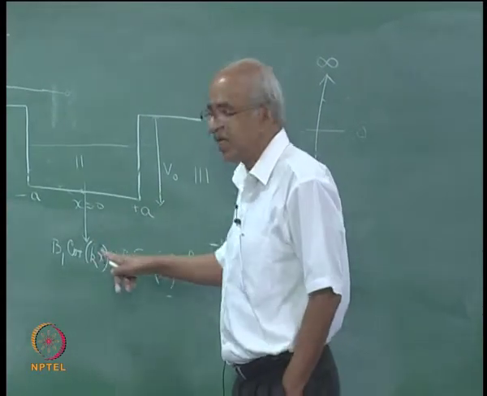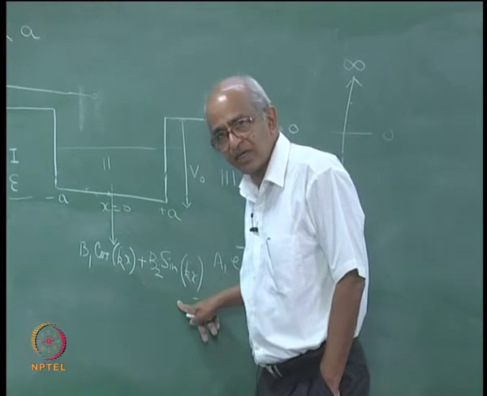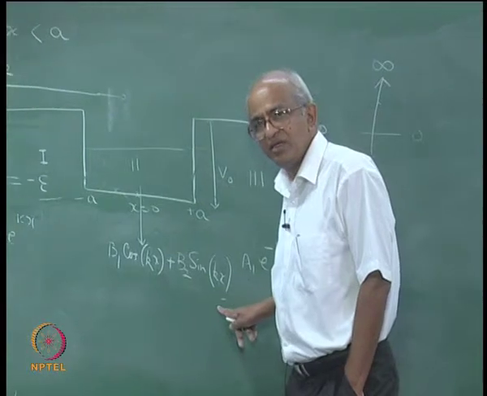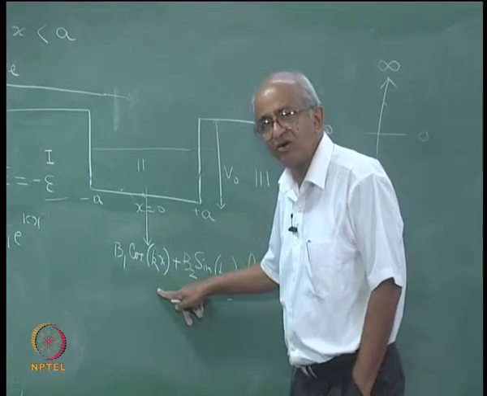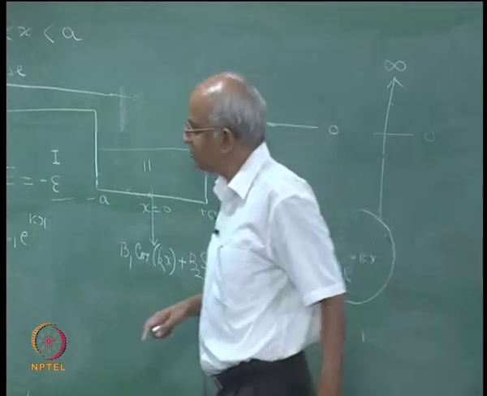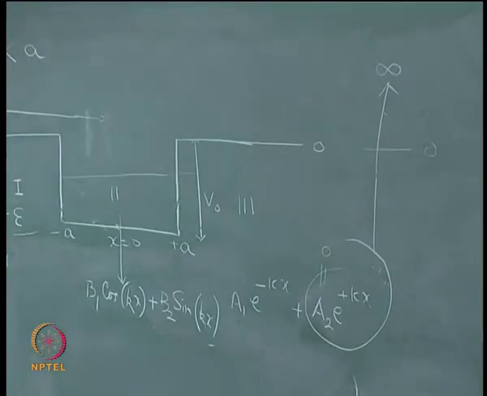I am going to have only cos kx, I will not have sin kx, and if I am looking only at odd solutions, then I will have only the sine function, I am not going to have the cos function, and that is an enormous simplification. So, let me imagine that I am going to look only at the even solutions of this Schrodinger equation. Later on I will have to look at the odd solutions.